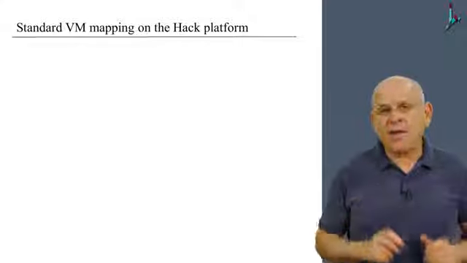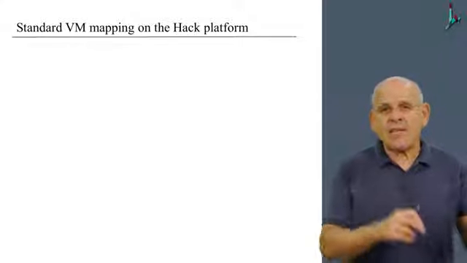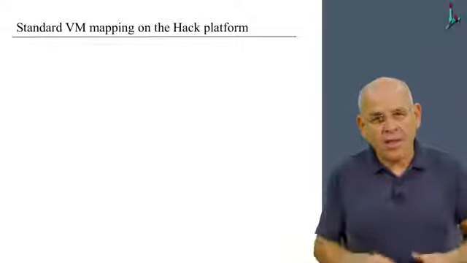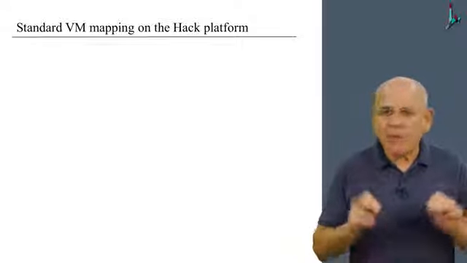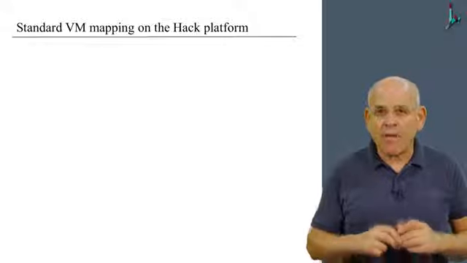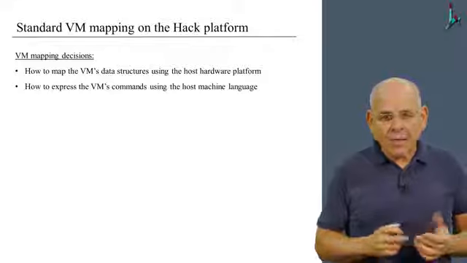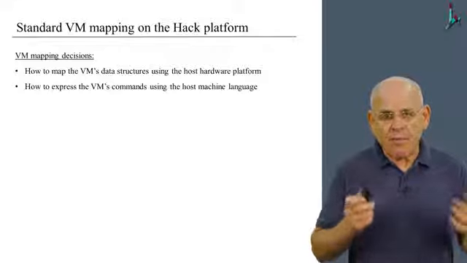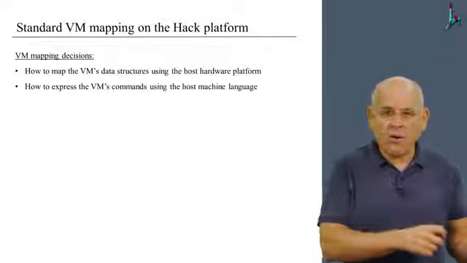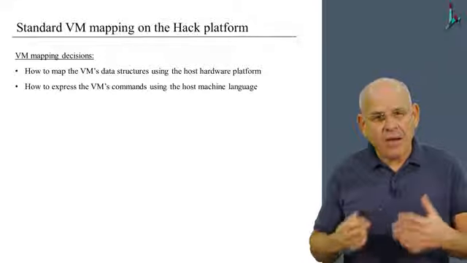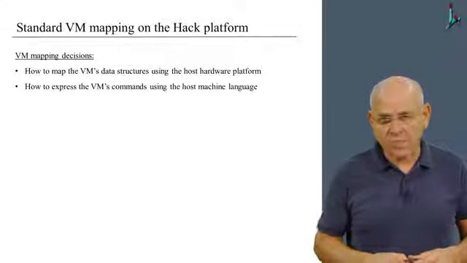Another thing that we need to know is what is sometimes called the standard VM mapping on the target platform. Let me first show you the standard mapping, and then we'll discuss why we actually need it. Basically, we have to make two decisions: how to map the VM's data structures on the host RAM, and how to express the commands in the host language.